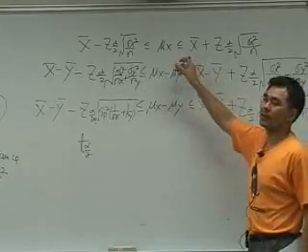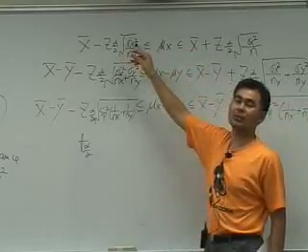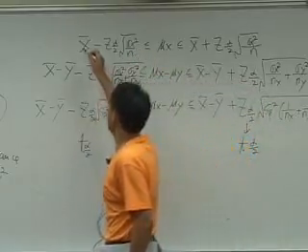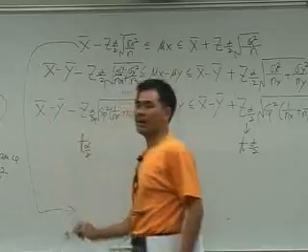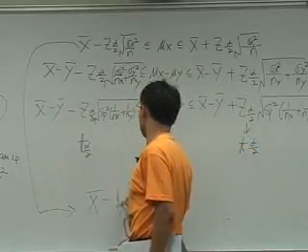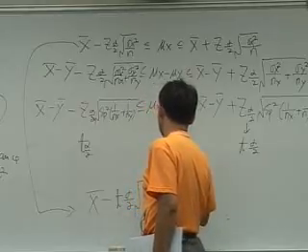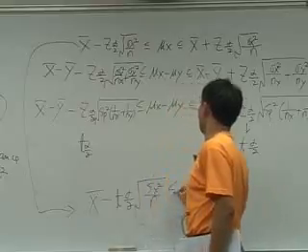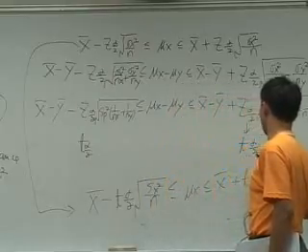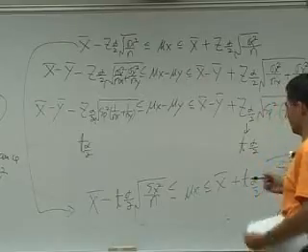In this case, if sigma x square is not known, what are you going to do? You have to use t distribution. So for the first case, if sigma x is not known, you have to use t distribution: x bar minus t alpha over 2 times sx square divided by n, and x bar plus t alpha over 2 times sx square divided by n.